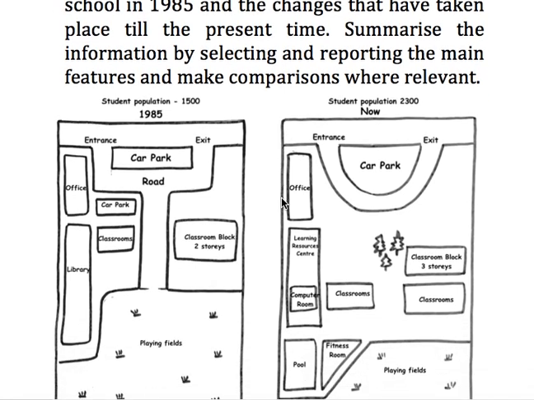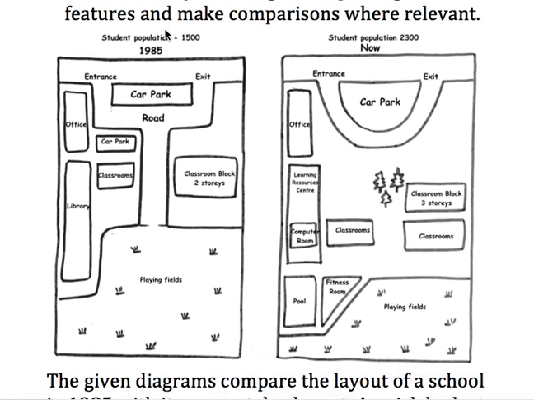So this is the graph. This is a map. This is for 1985, and this is the map of today. That is now. Student population 1500. Student population 2300. This is a rectangular car park. This is a bigger semicircular one. Office. This is the library.